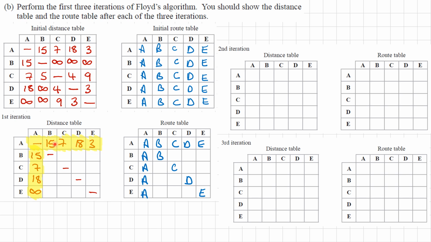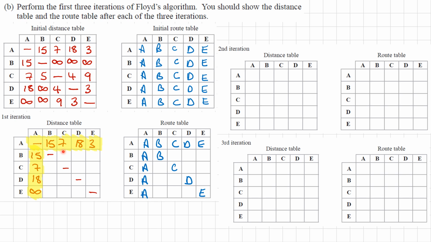Next, I'm going to add together the numbers in the row and column that I've just copied, compare those to the values in the original distance table, and if the value that I get by adding the two numbers together is lower in this first iteration of the distance table, I change its value to the lower value, and I change the letter in the route table to A, because that's the row and column I've got highlighted.